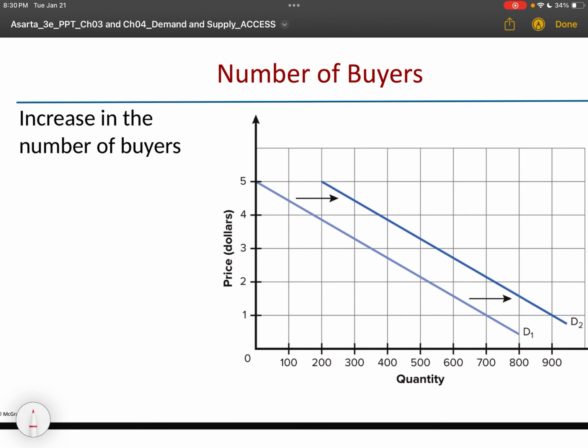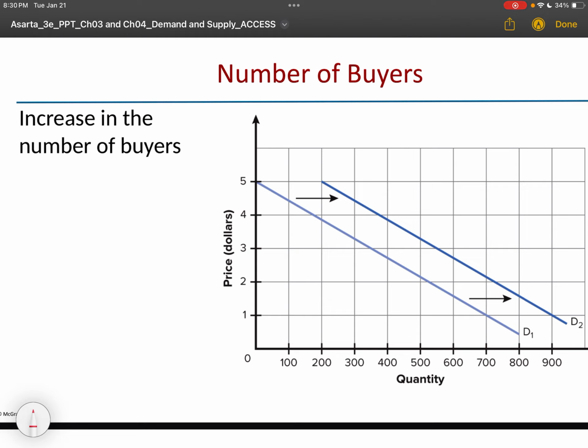Number of buyers. If the number of buyers increases, then the new market demand is going to be bigger at every price. Remember, when we were drawing the market demand for Julia and Martin, right?